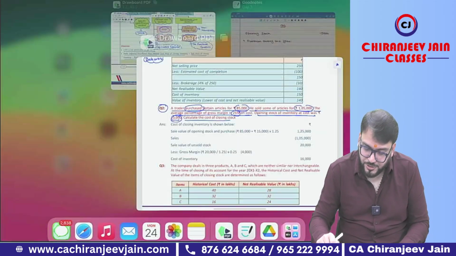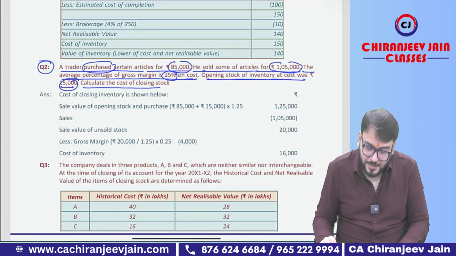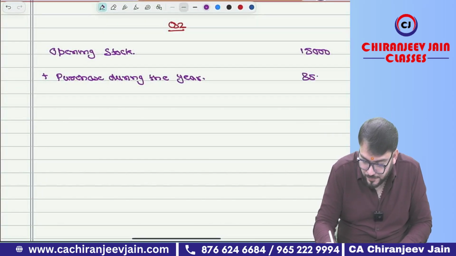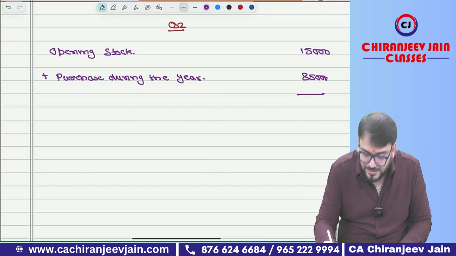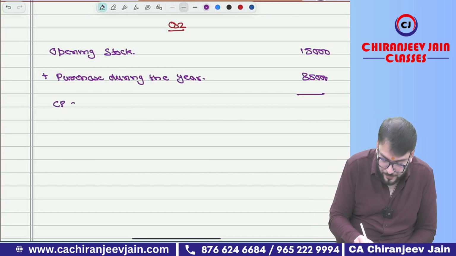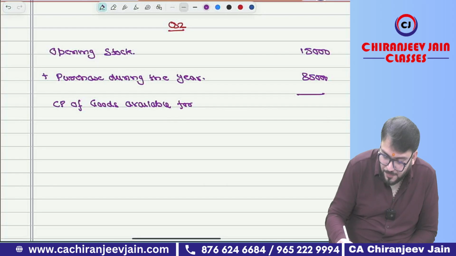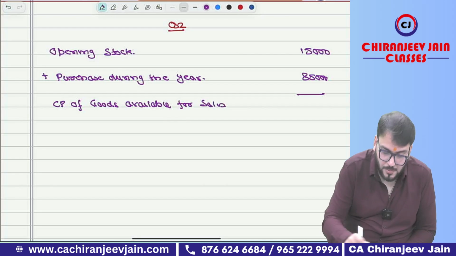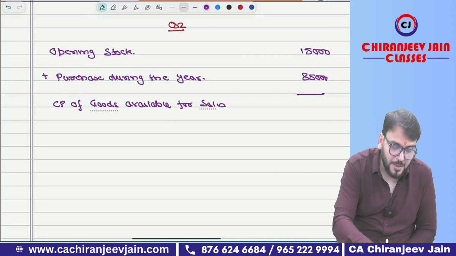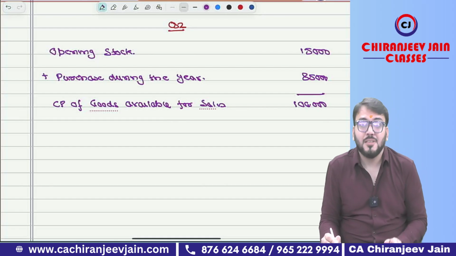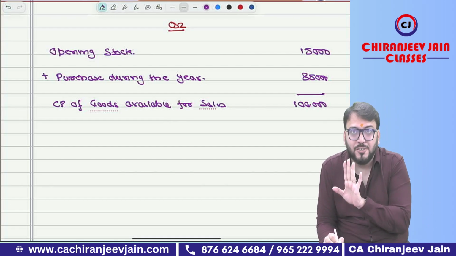Purchase during the year is 85,000. Can I say this is the cost price of goods available for sale? This is the cost price of goods available for sale: 1 lakh.